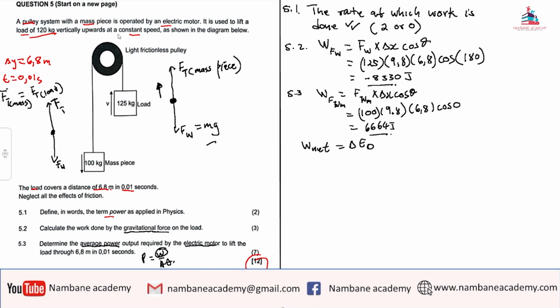But we are told an important piece of information that it is traveling at constant speed. And traveling at constant speed, what does it mean? It means we do not have a change in velocity. Remember, V final minus V initial is our change in velocity. So we do not have that. Hence we say change in EK is just equal to 0.